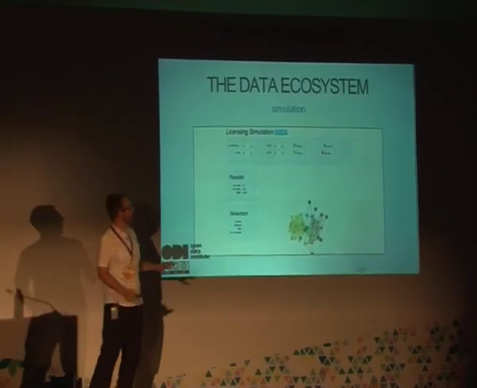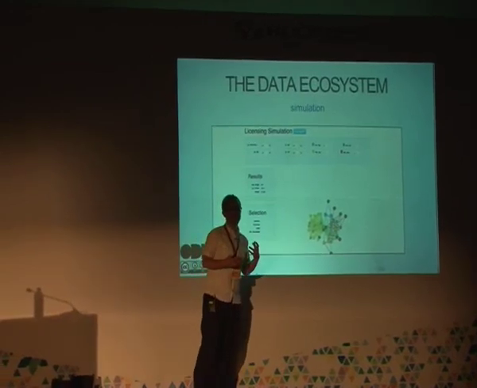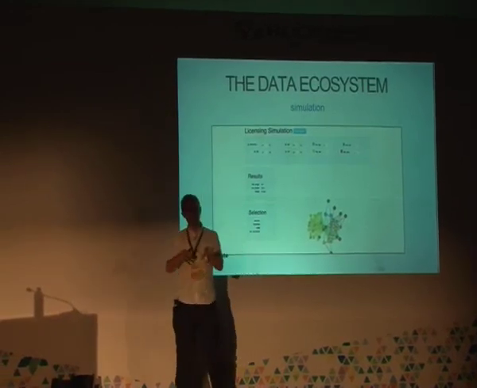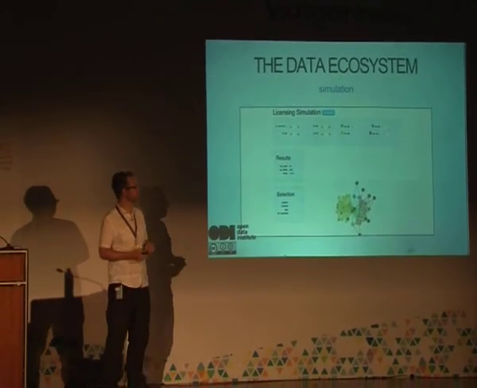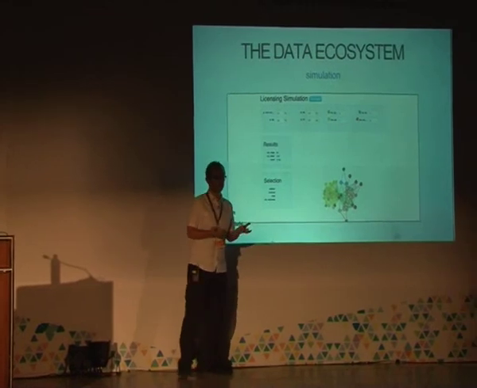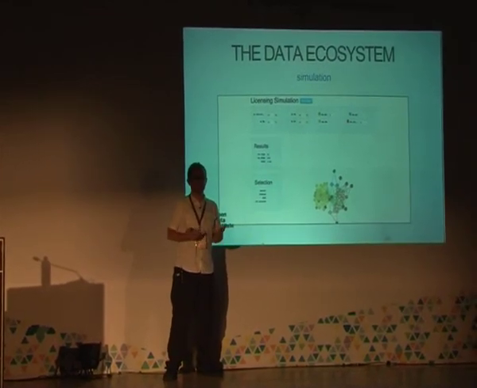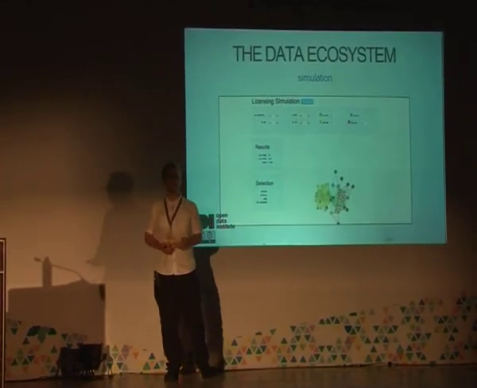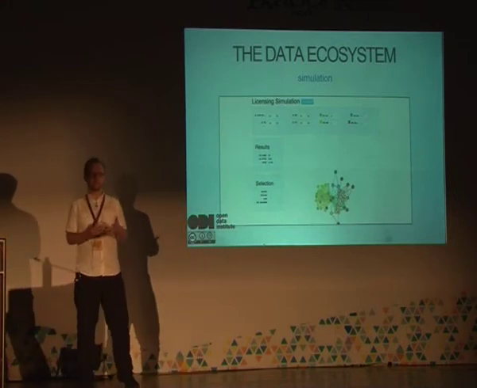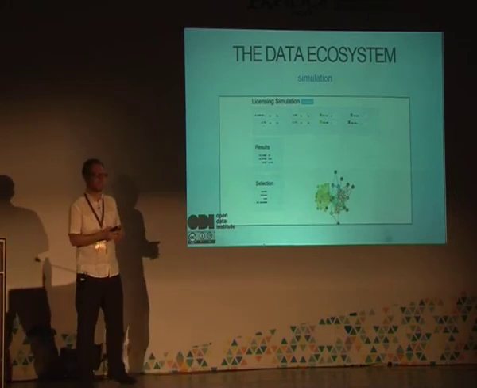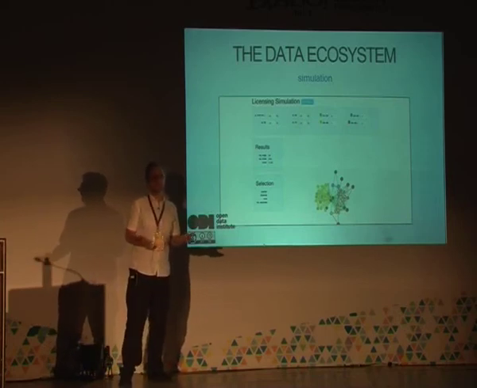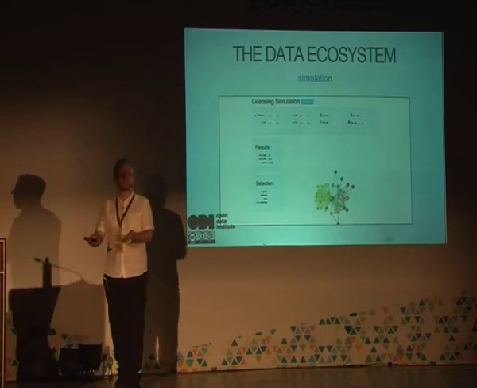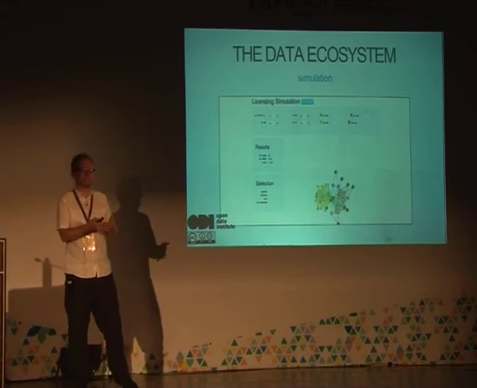The simulation runs by letting you choose different input numbers or proportions of data sets with each of these licensing terms. If you run a simulation where there are 5 or 10 commercially licensed data sets that can't easily be combined with other things because the licensing terms are incompatible, you don't end up with an ecosystem, you just end up with 5 or 10 data sets, because they can't be easily interconnected.